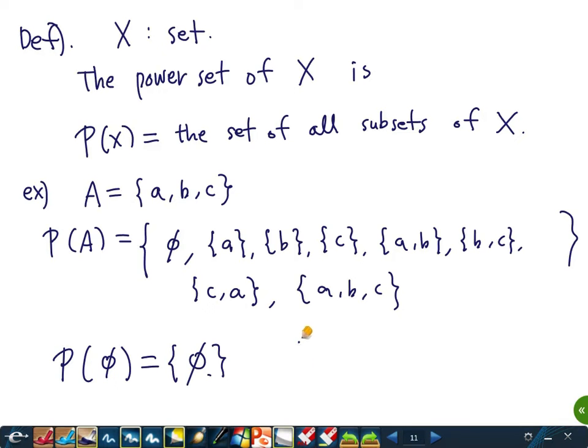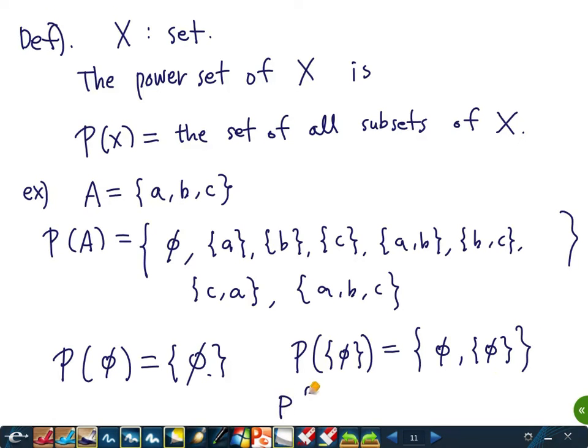Okay, let's do one more thing, just to make sure that everyone understands this. What is this? Empty set? Oh yeah. Yes, this is it. Yeah, if you want, you can do more. Okay, let's not do that.